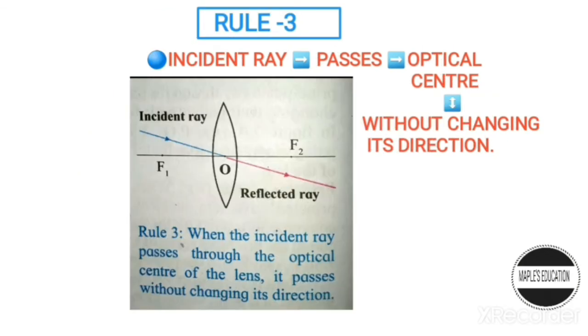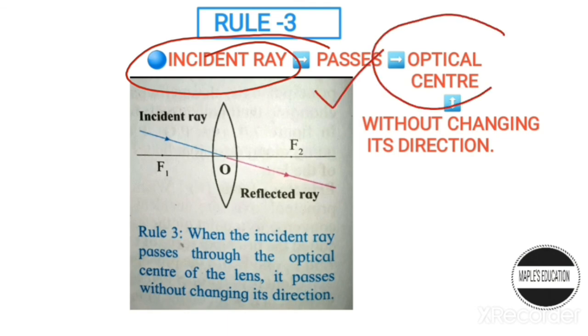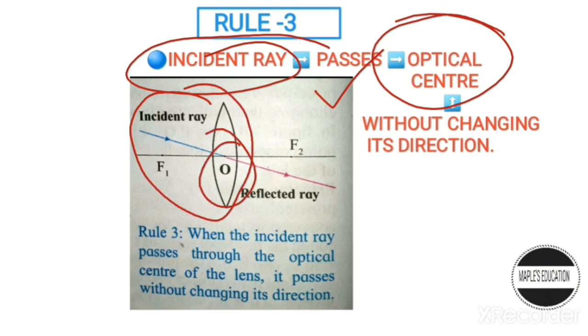Now let us move to the third rule, which says that the incident ray passes through my optical center. You can see my incident ray is passing through the optical center without changing its direction. This was a property of the optical center: when a light ray passes through my optical center, it doesn't change its direction.